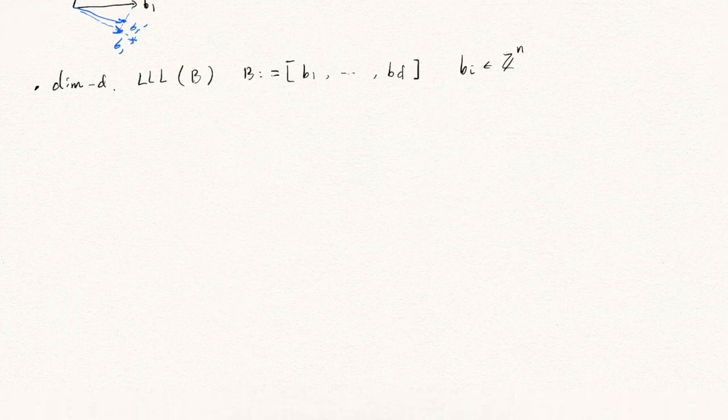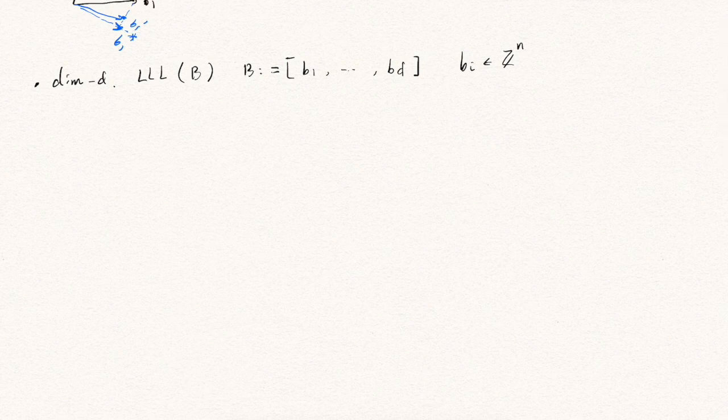Let's recall, last time we talked about the QR factorization of this B, where if B1 to BD are linearly independent, then you can factor it into Q times R, where Q is an orthonormal matrix, and R is upper triangular.